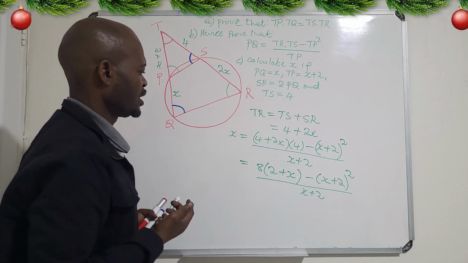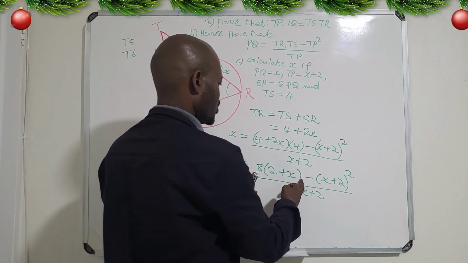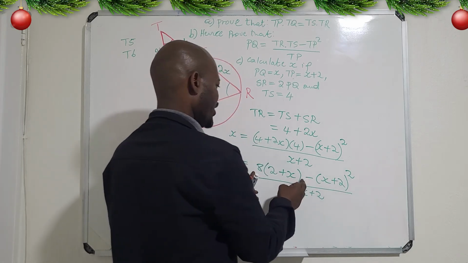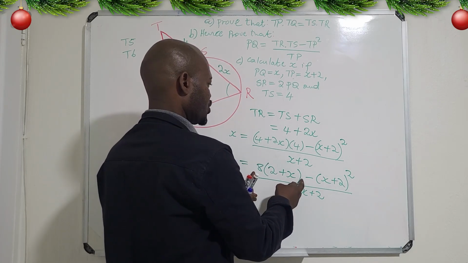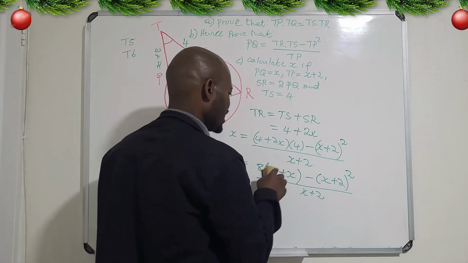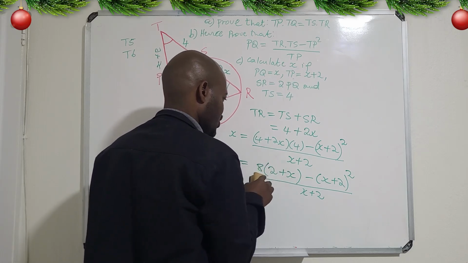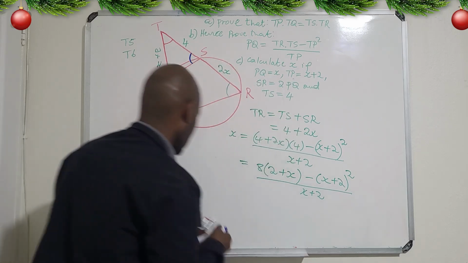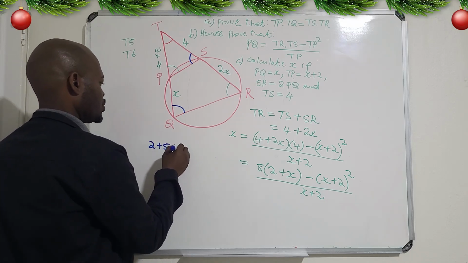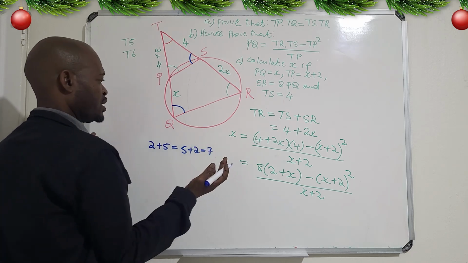Now it looks nice here, because in this term there's X plus 2. I can even write this nicely. 2 plus X is the same as X plus 2, because 2 plus 5 is equals to 5 plus 2, which is equals to 7.